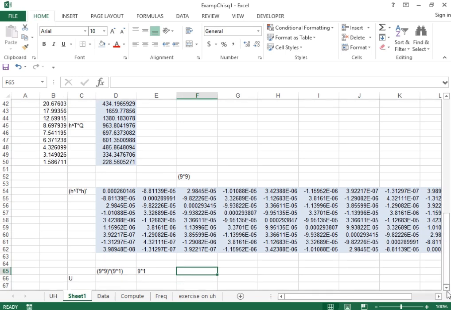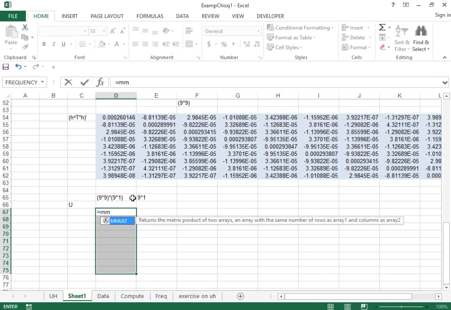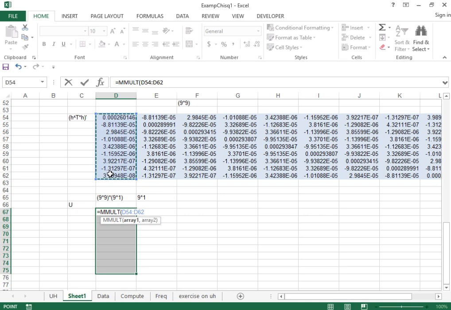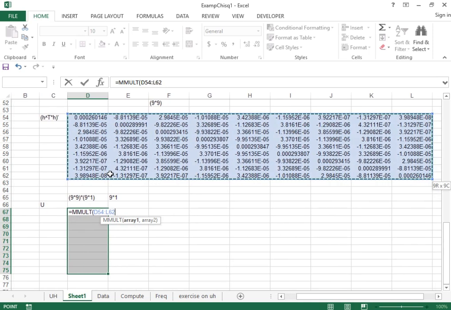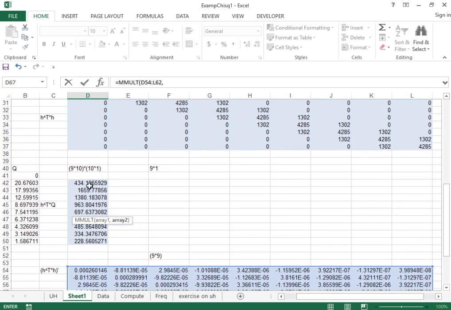That means I have to select 9 cells here. Then equals MMULT. The first thing is you select H transpose times H inverse, this one, then comma, the other is H transpose times Q, this value.